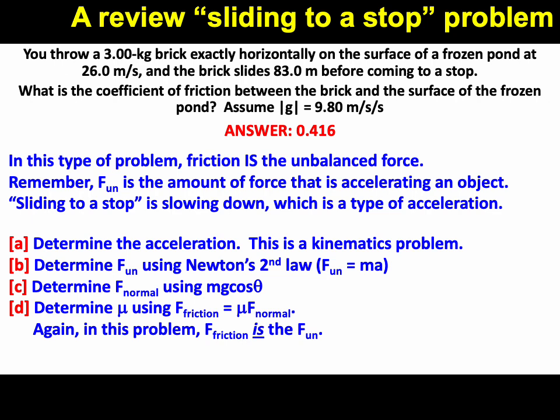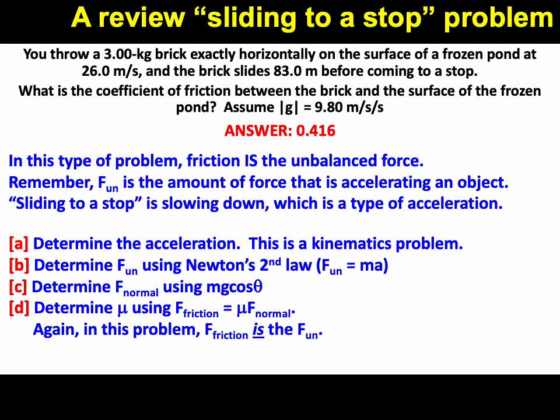So here are the steps you need to take. You need to first figure out the acceleration. We have done this before. It's kinematics. Then figure out the unbalanced force. Well, once we have acceleration, that's no problem because we have the mass. Got to figure out the normal force. Not hard. We have a mass, we know what planet we're on, and we're going to assume that a pond freezes horizontally, so that angle is going to be 0.